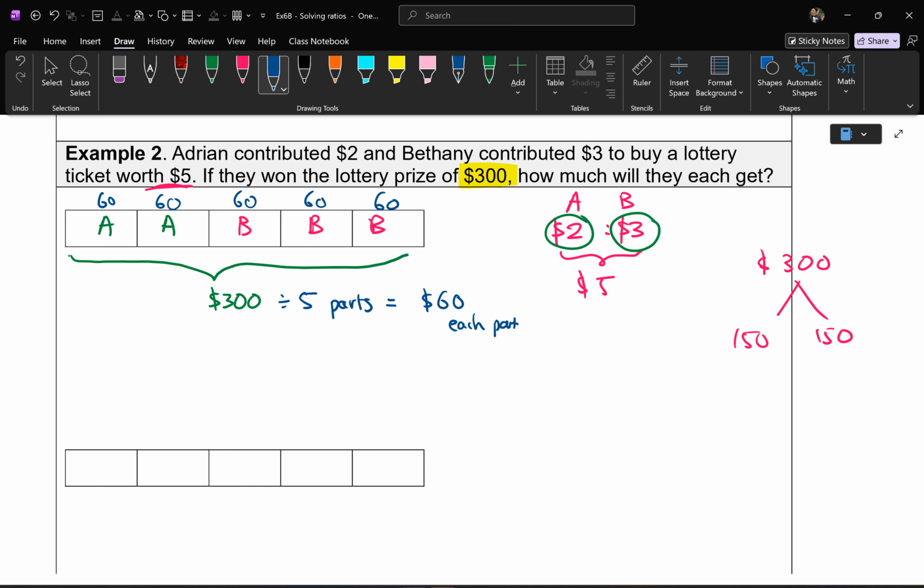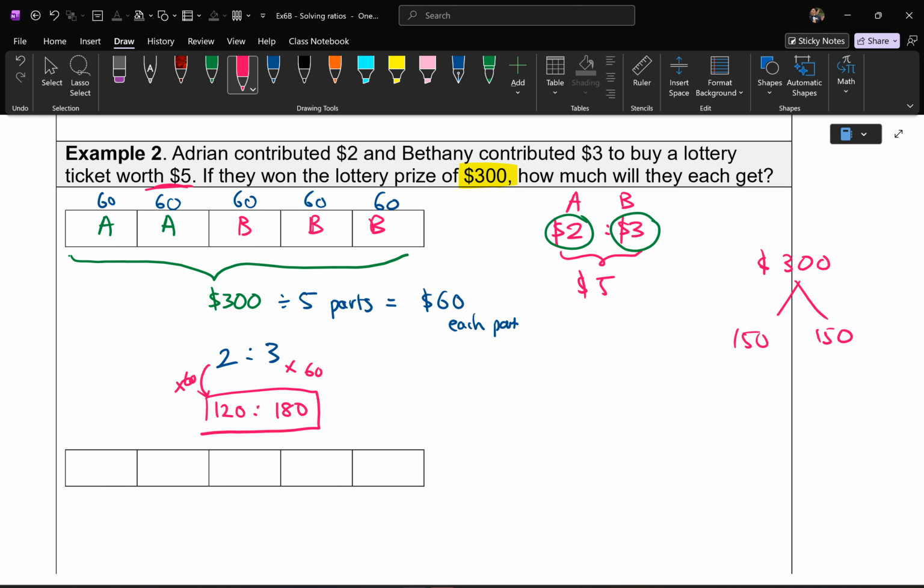So you can actually see there, how much would Adrian get? If Adrian gets 2 parts and each one is $60, isn't it just 2 times 60? Or another way of looking at it is a 2 to 3 ratio times 60 to get both parts, and then to get 3 parts here times 60. So you should get 120 to 180.